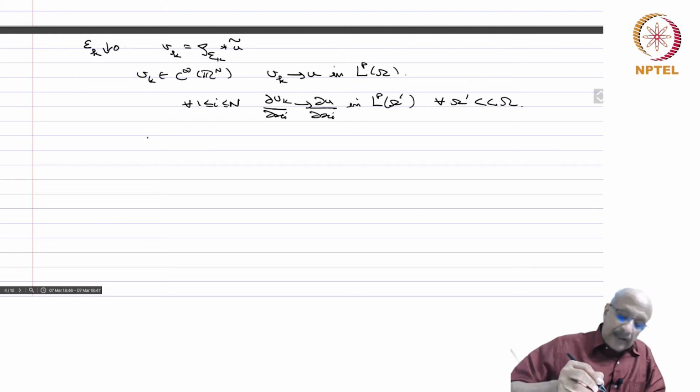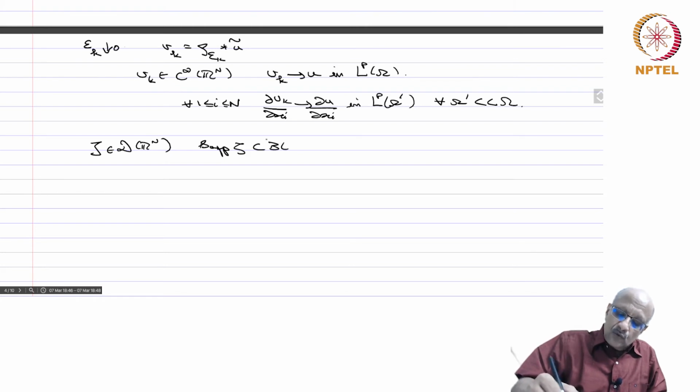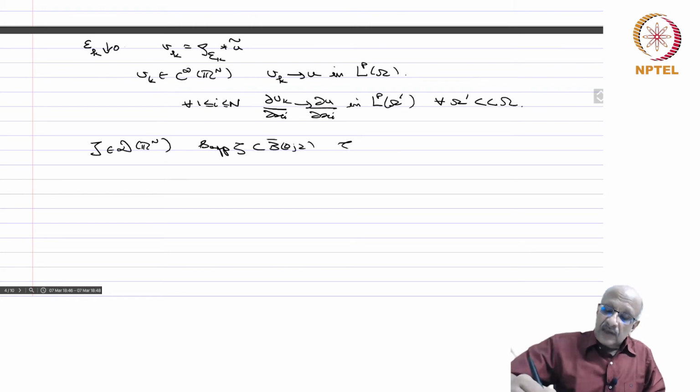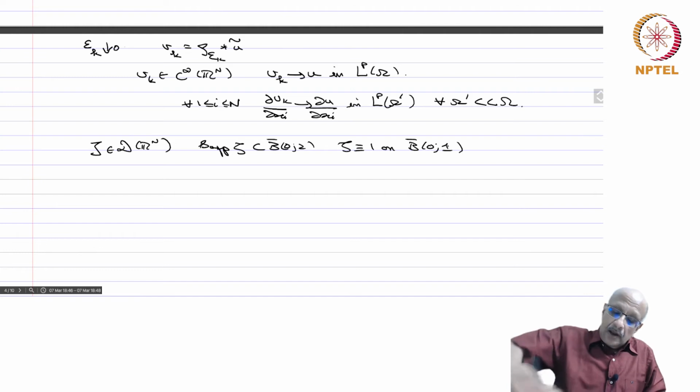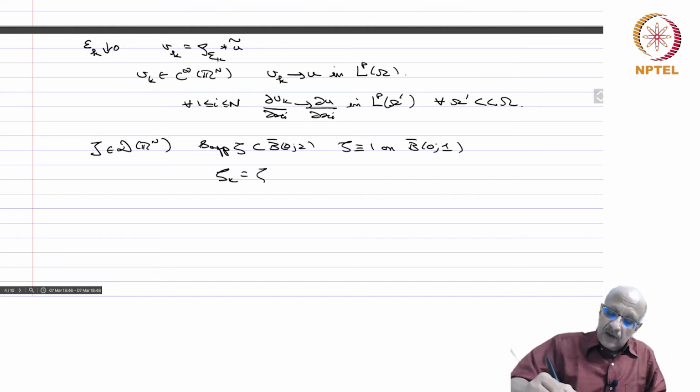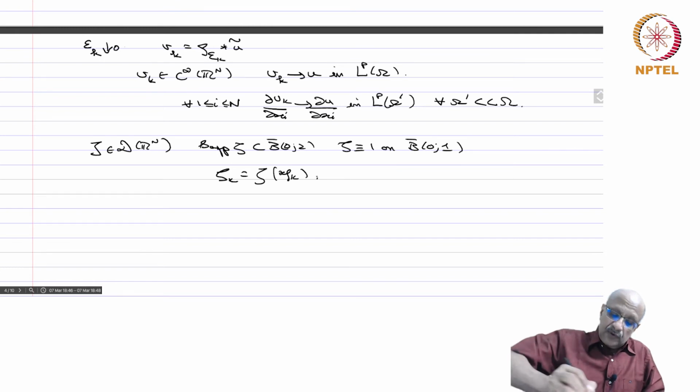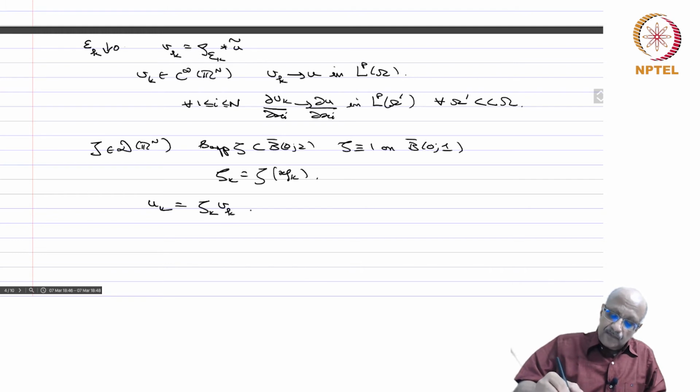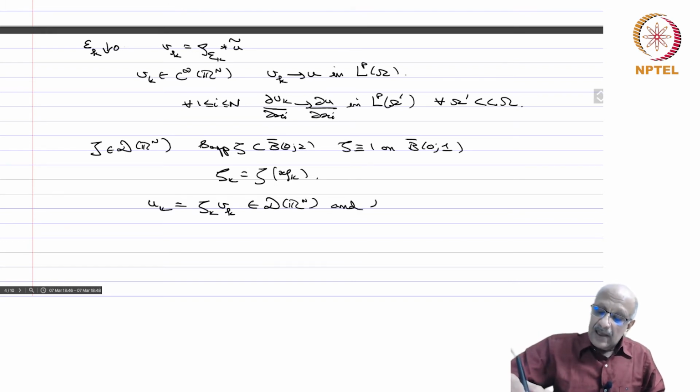All we have to do is let zeta belong to D of Rn, with support of zeta contained in B02 and zeta identically 1 on B01, and you take zeta k equals zeta of x over k exactly as before, and then you take uk equal to zeta k Vk. This will belong to D of Rn and has all the required properties.